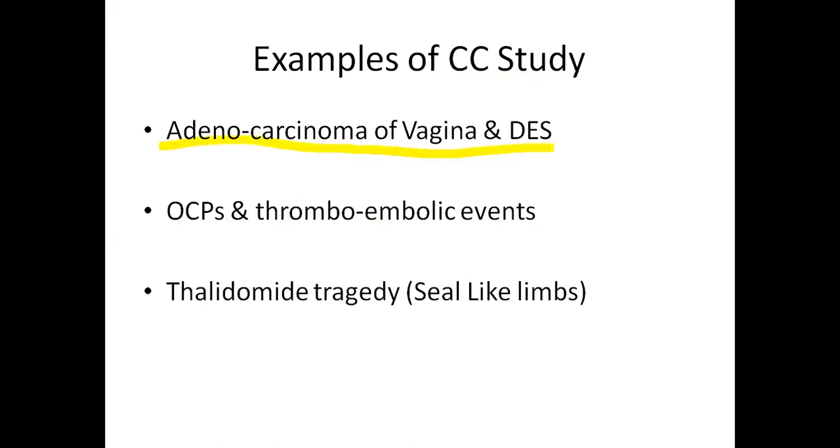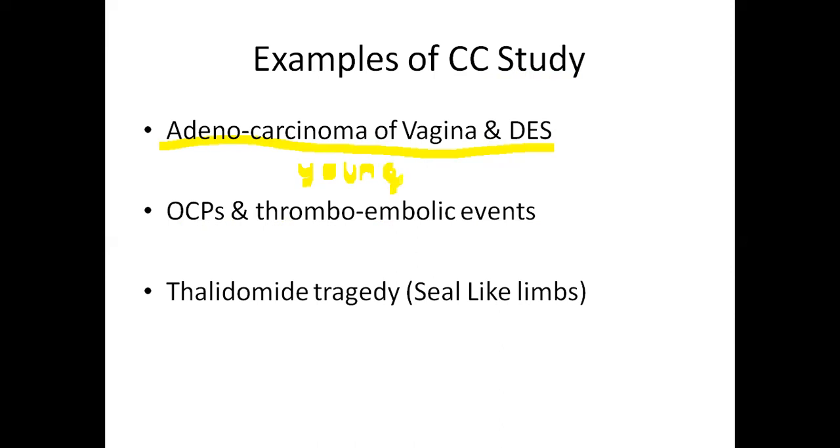Adenocarcinoma of vagina is something that happens after 50 years of age. But it was found that some young women started having this disease much earlier than the expected 50 years of age group.